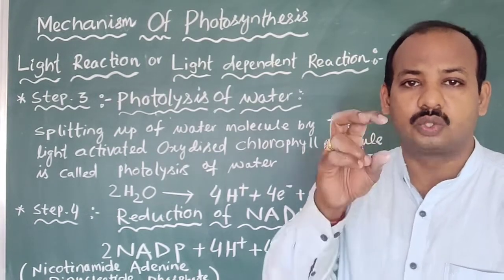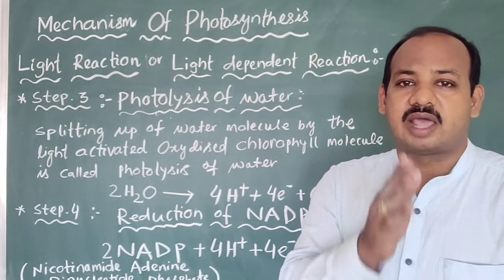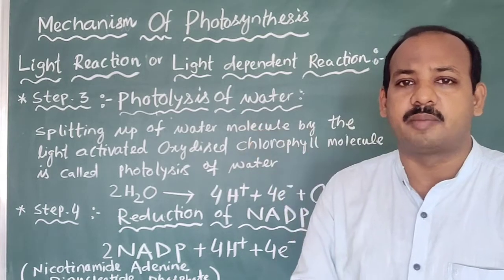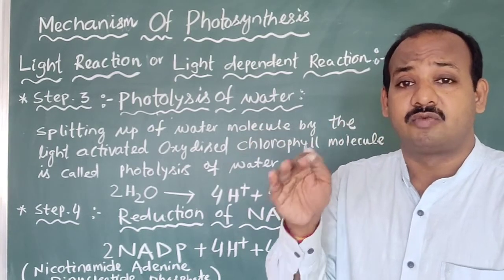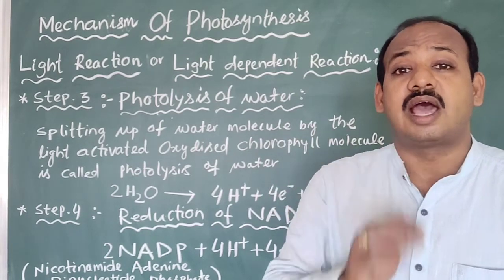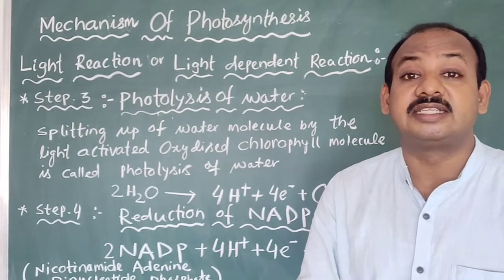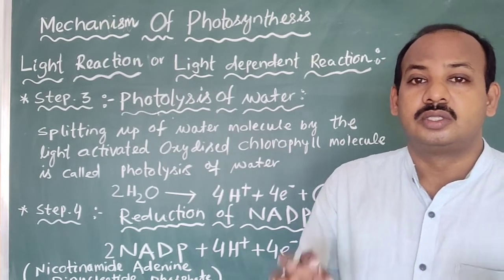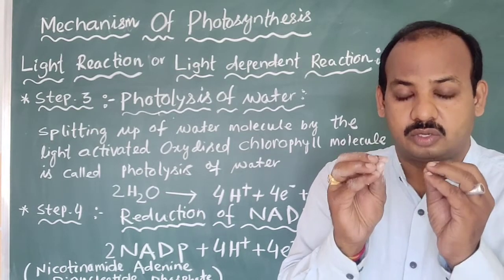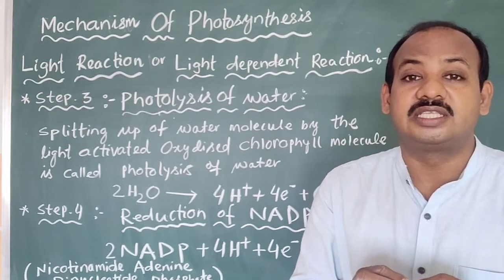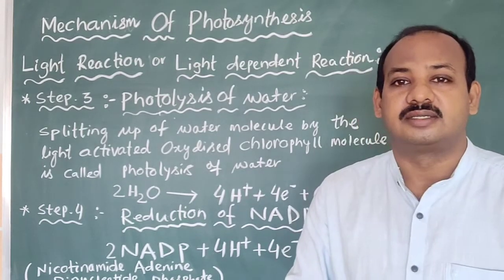CO2 is the molecular formula for carbon dioxide. So carbon gets separated and oxygen gets separated, and the oxygen that comes out during photosynthesis was thought to come from carbon dioxide. But later on, different scientists proved that no, the oxygen that comes out during photosynthesis is not from carbon dioxide, but from water.